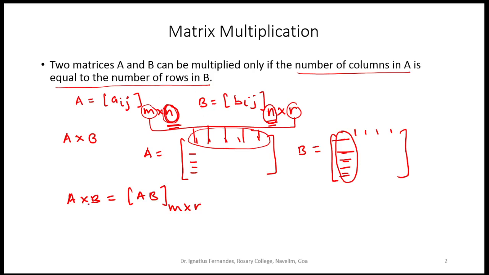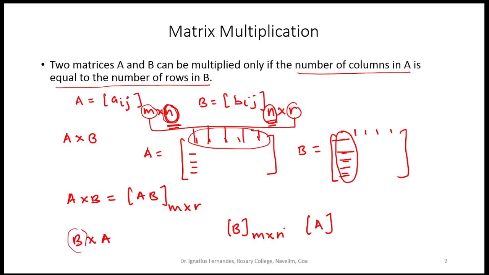Similarly, if I want to multiply B with A, the first thing I should be doing is look at the order of the matrices. For B to be multiplied with A, you will be looking at B first.